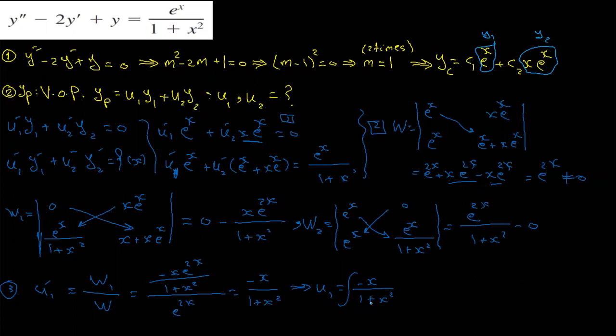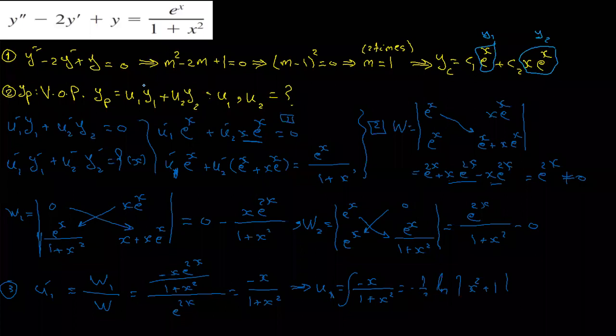You have to look if the numerator here is the derivative of your denominator or very close. The derivative of my denominator is 2x, so I need 2. So I'm going to multiply by 2 and divide by 2, and don't forget to take the negative out. So it's negative half ln of the absolute value of x squared plus 1. This is my u1. Let me go to a new slide to find u2.